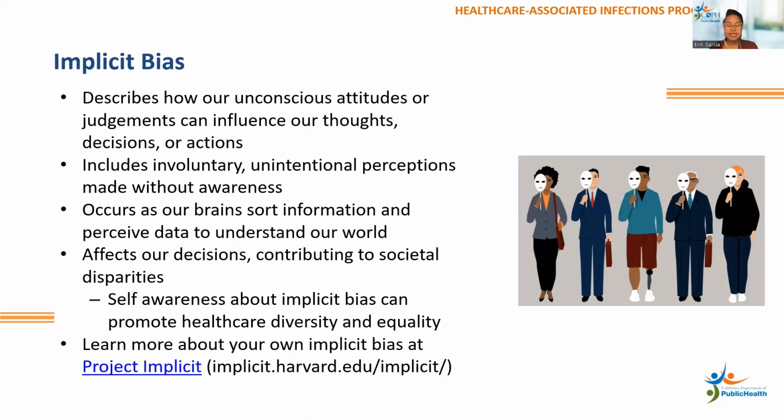Our implicit biases can affect our decisions, which can contribute to societal disparities. So in being self-aware about our own implicit bias, we can promote better healthcare diversity and equality. You can learn more about your own implicit bias at Project Implicit at the website listed here.